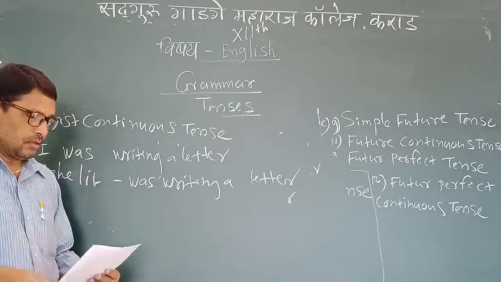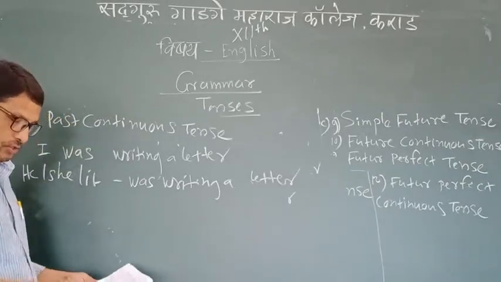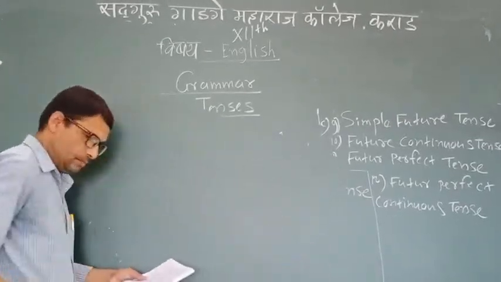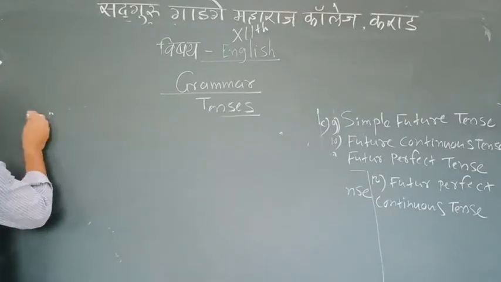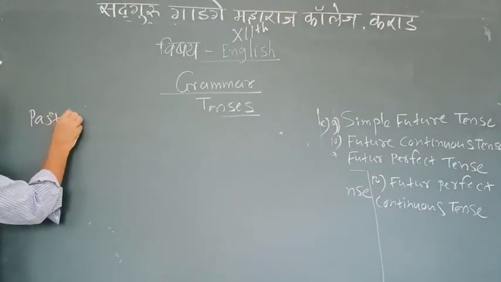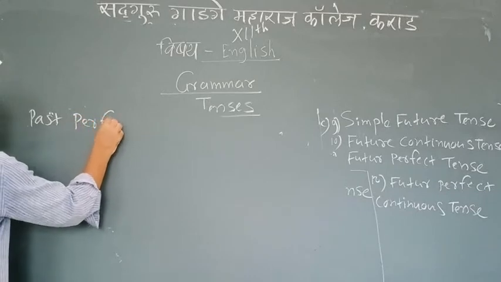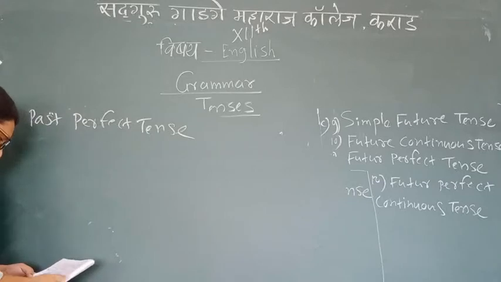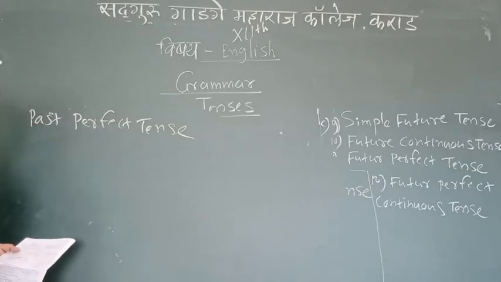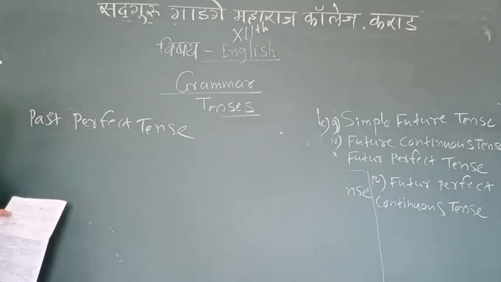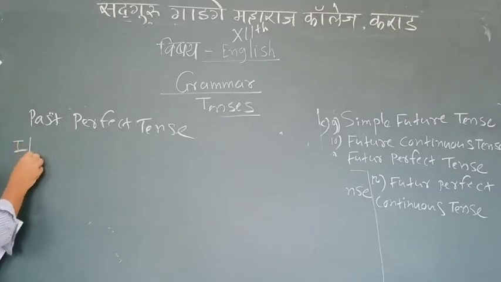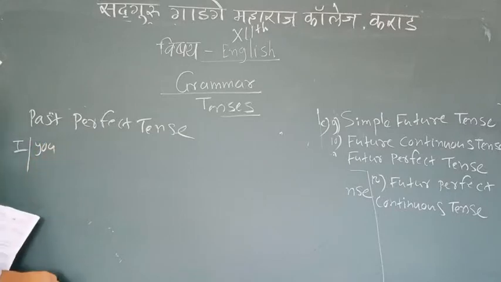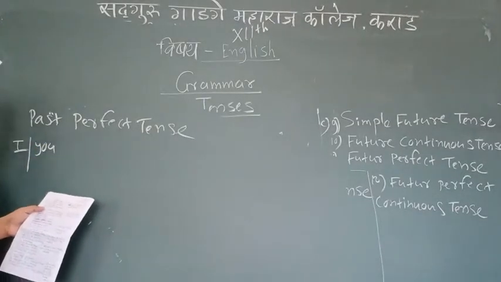Then next, past perfect tense. See the example of past perfect tense, how we can create the sentence on it. Suppose you take the subject I or you. Then the perfect form of have is had.